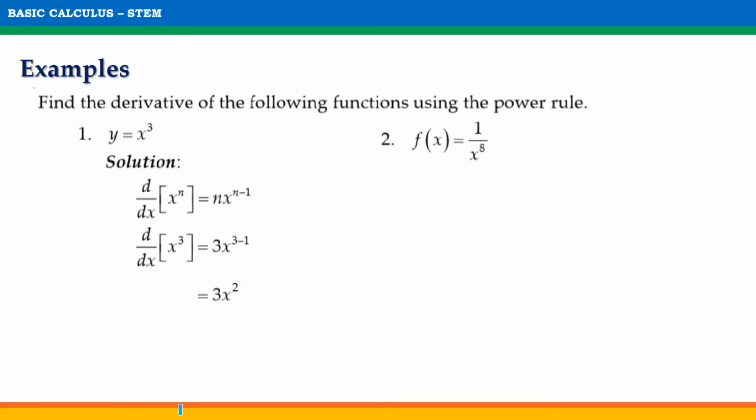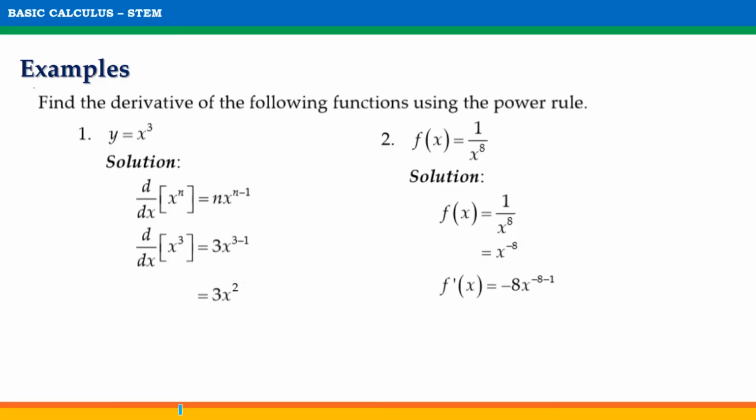Another example, f of x is equal to 1 over x raised to 8. We can rewrite first the function f of x equals 1 over x raised to 8 to be x raised to negative 8. From here, we can now solve the derivative of the function wherein we will be using negative 8 to be the numerical coefficient.